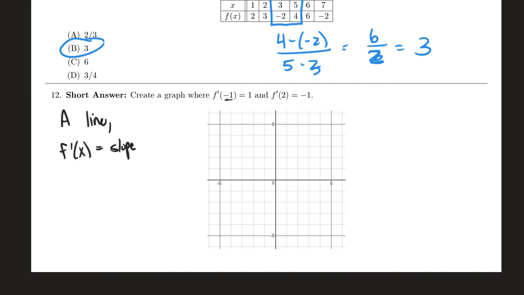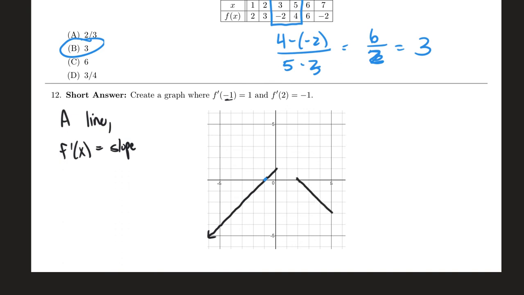So at -1, if I just have a line with slope 1, -1 is here, the line with slope 1 is going to look like this. That line has slope 1, so the derivative there will be that slope, 1. At 2, I want a slope of -1, so at 2, I'll have a line with slope -1.